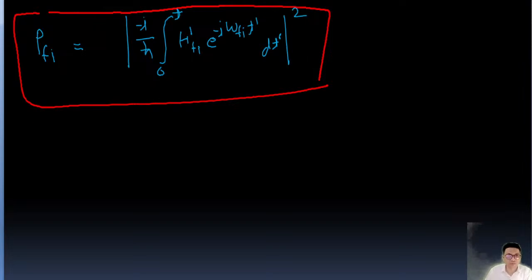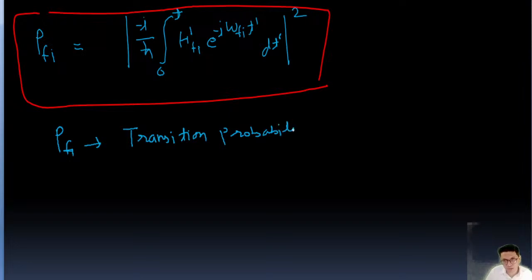Next, this is the transition probability, Pfi. Next, we are going to solve the case where H dash is not dependent on time, meaning it is a constant perturbation.